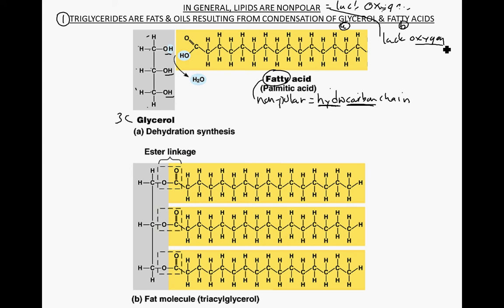So if you look up in the yellow part of this, we see this hydrocarbon chain. Carbon, carbon, carbon, carbon, carbon, carbon, and there's hydrogens surrounding those carbons. There should be a hydrogen on the end right there, but it looks like I got it cut off by mistake. On the other end of the fatty acid is what makes it an acid. This acid part is due to the fact that there's a carboxyl group on that other end.